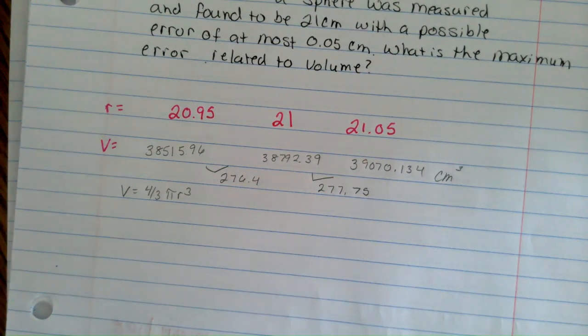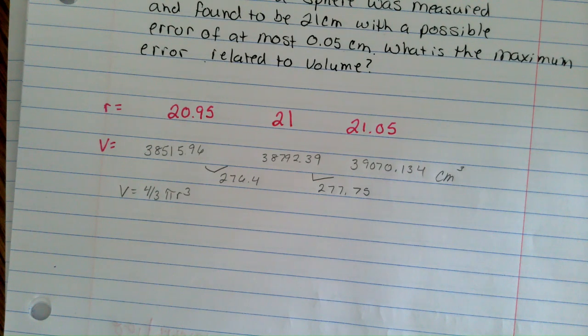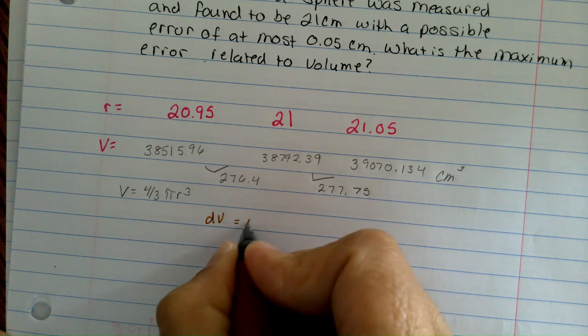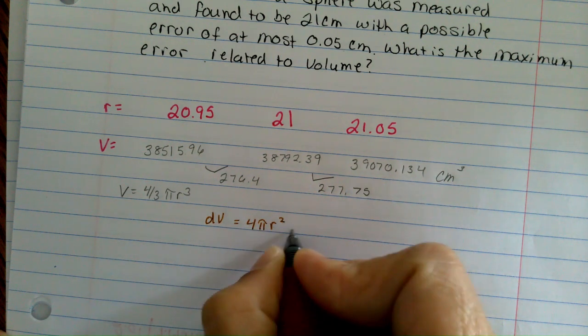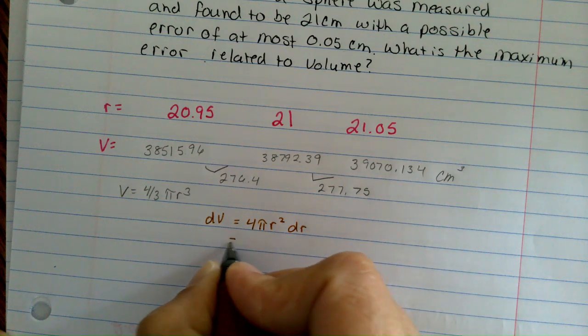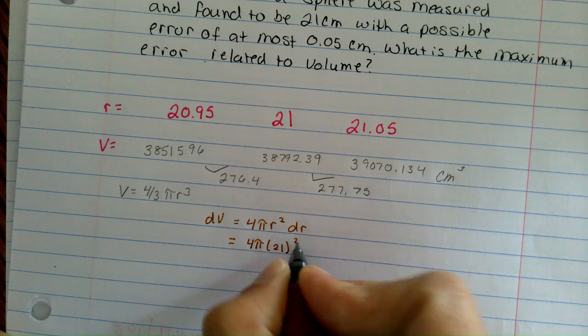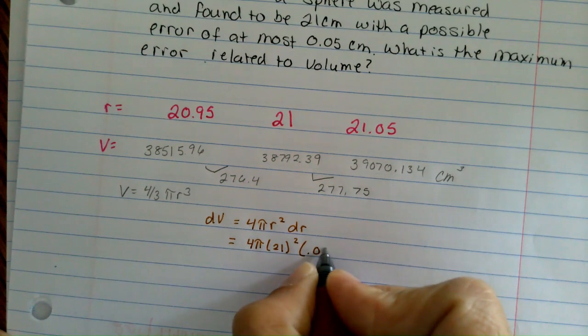Okay, but what does it say if we use derivatives to help us? So dV would be 4 pi r squared dr. In our case, we found out that r was 21 and our dr was 0.05.